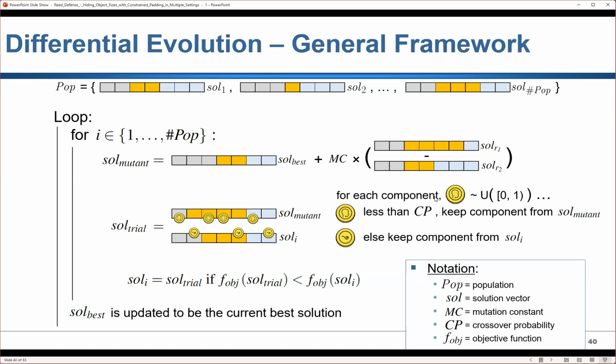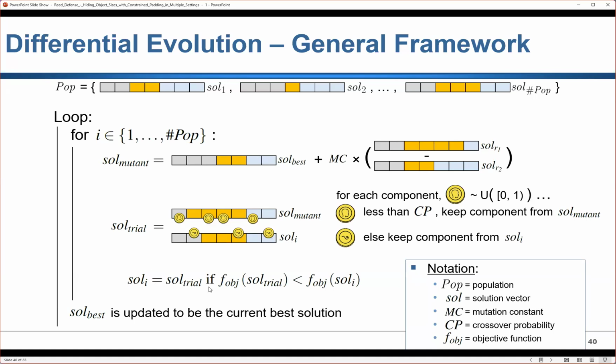I like to think of this random number as becoming a weighted coin toss, because of this second parameter here, crossover probability. You compare this random number to the crossover probability. If it's less than this number, then you select that component from the mutant solution. Otherwise, you select the component from the ith solution. So you flip this coin once for every component, deciding which one you're taking. Are you taking that position from the mutant or the ith solution? You then have a trial solution.